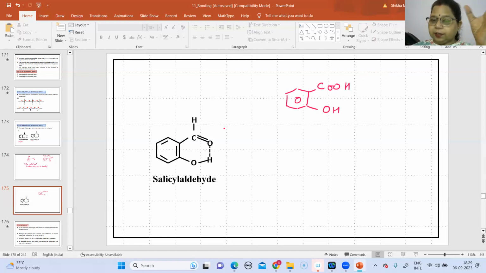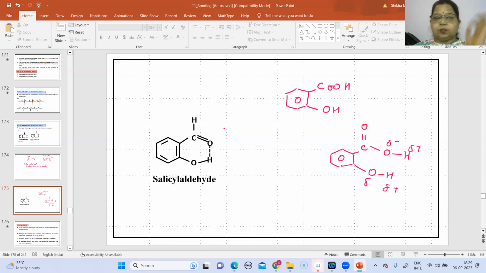This is alcoholic group. So what we do here is, we draw it like this. We'll be drawing C double bond O, O and H. And the phenol is drawn OH. This is delta negative, this is delta positive. This is delta negative, this is delta positive.